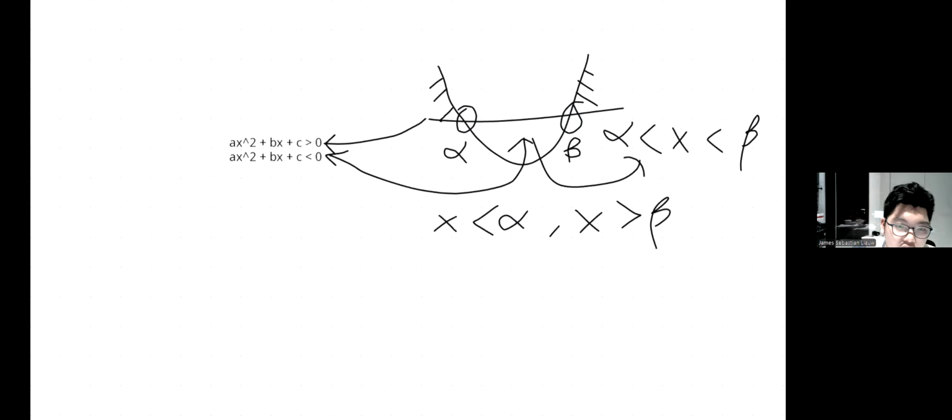We can now discuss the quadratic curve intersecting with a line.